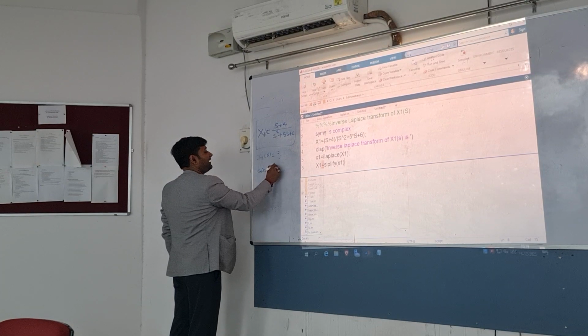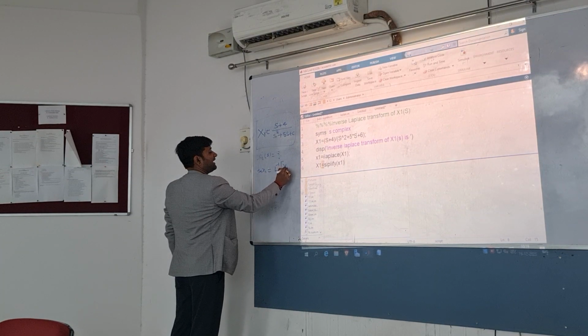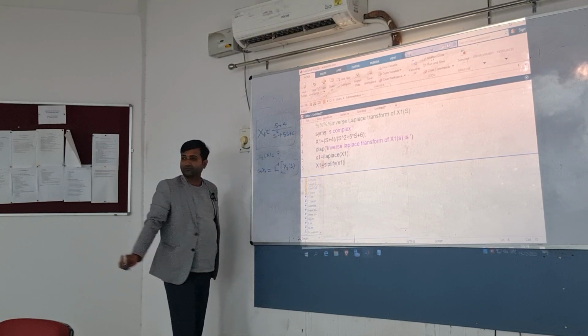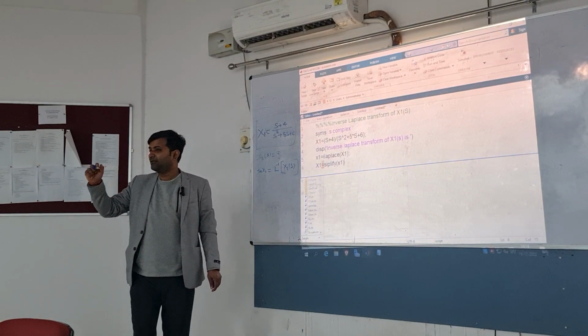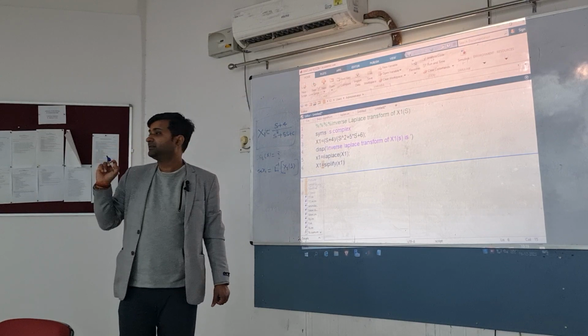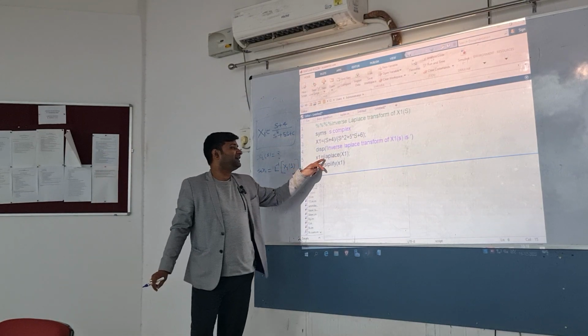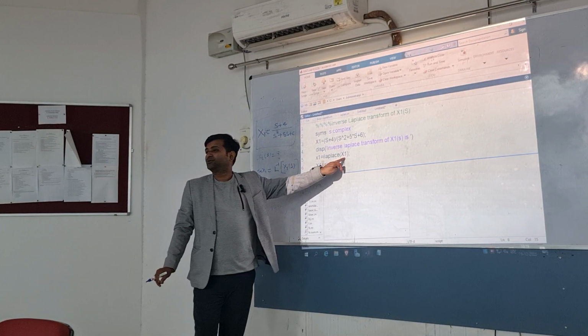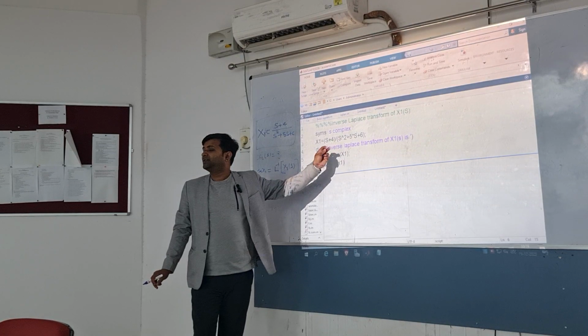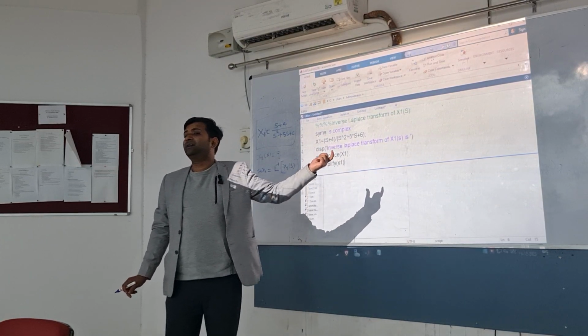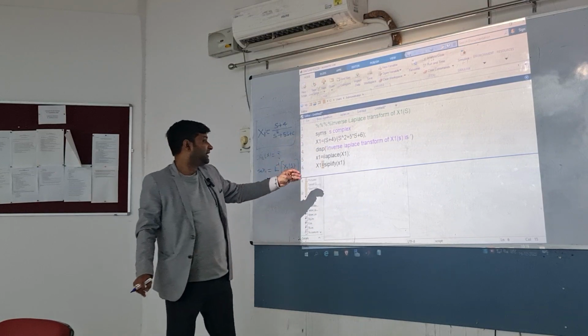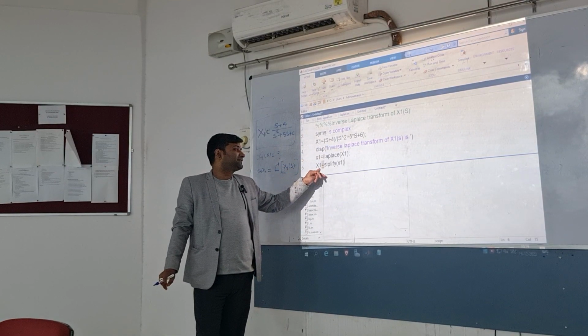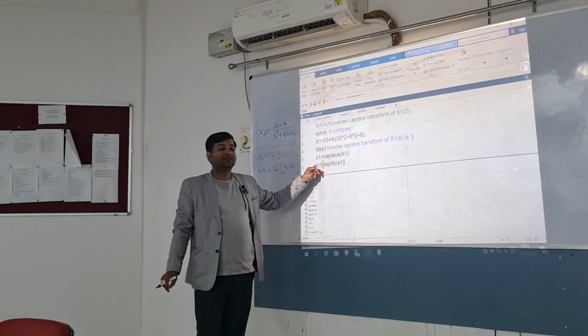This can also be L inverse of X1(s). Then simply you have ilaplace of X1. This is the built-in command to find the inverse Laplace transform. And then you have x1. This is a typo error. Yes, small x.